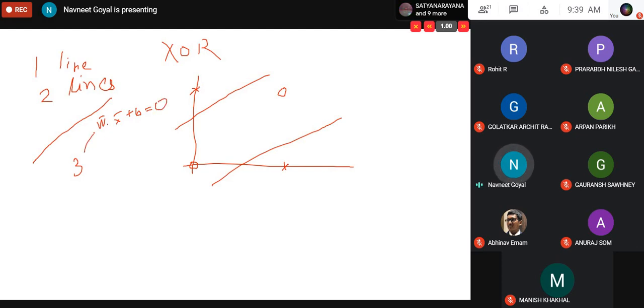Now if you have 2 lines, how many parameters? 6 parameters. So when the number of parameters increases, the complexity increases, is it not?